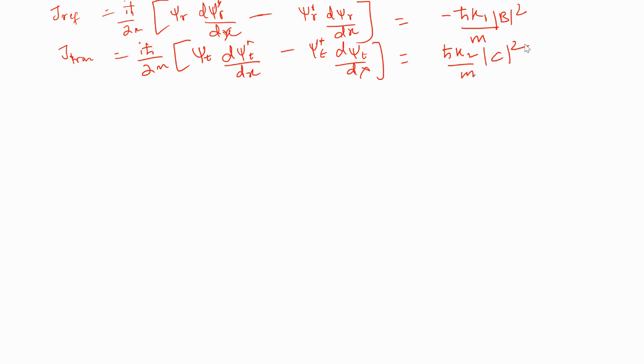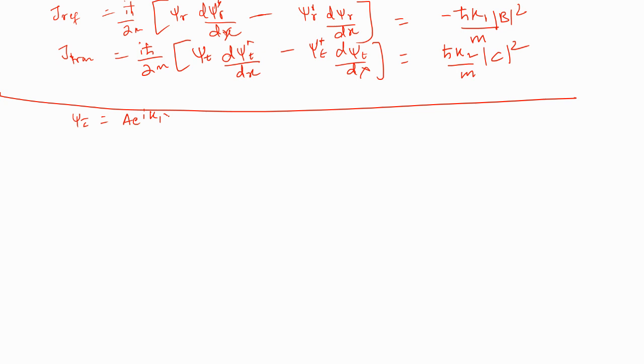Now you have to solve the equation, na? So apply boundary condition. Psi 1 is equal to a e raised to the power iota k1 x plus b e raised to the power minus iota k1 x, and psi 2 is equal to c e raised to the power iota k2 x. So psi 1 is equal to psi 2 at x equal to 0, right?